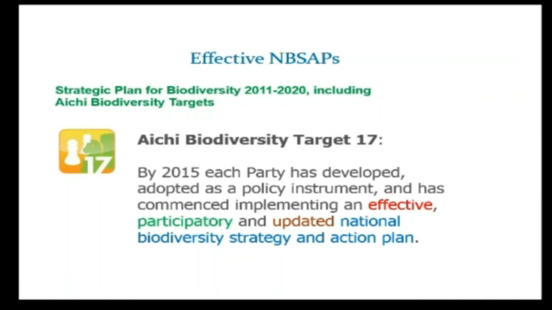By 2015, each party has developed, adopted as a policy instrument, and has commenced implementing an effective, participatory and updated National Biodiversity Strategy and Action Plan. So we want effective NBSAPs. And whilst many countries are on track for having reached this target by 2015, there are also many which are still in progress and some which are even just starting.